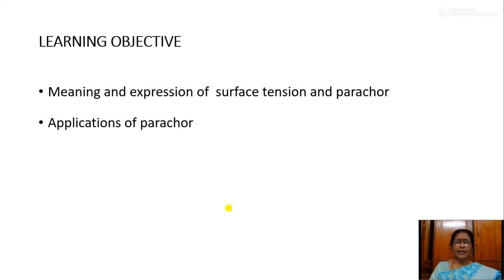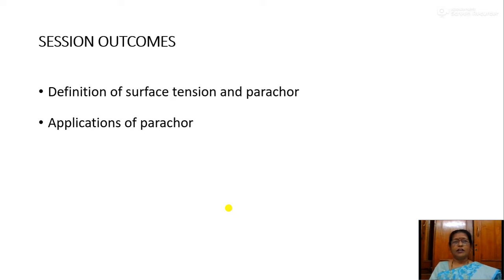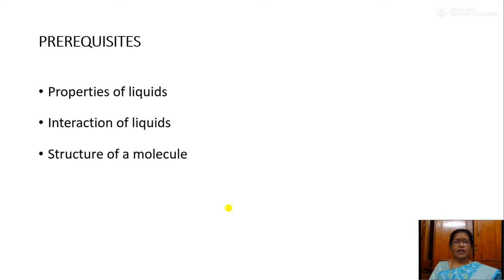To understand that, the learning objectives are the meaning and expression of surface tension and Parachor, and applications of Parachor. Session outcomes will be the definition of surface tension and Parachor, and the application of Parachor.